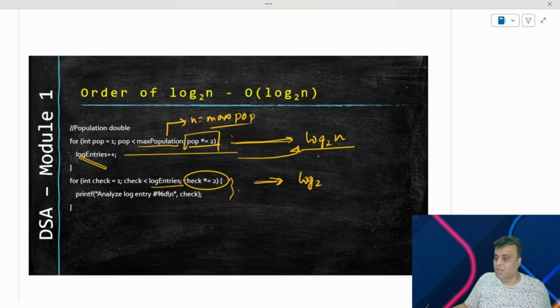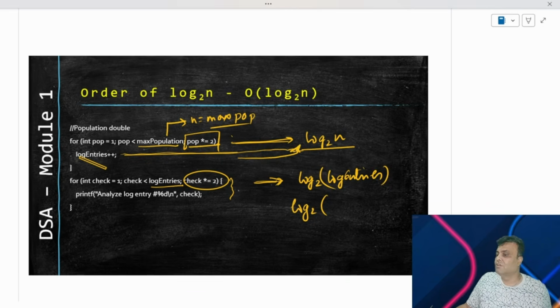So this particular line is executing itself log base 2 of n times. Right? So if my log entries is log base 2 of n, then if I write that this particular second loop is also going to execute itself for log base 2 of log entries, can I substitute that previously? Because log entries is actually going to execute for log base 2 of n times, because the outer loop is executing for log base 2 of n.